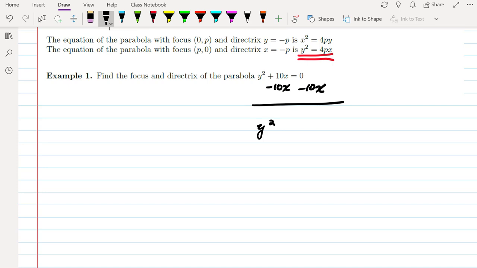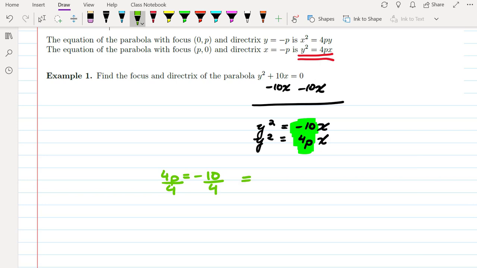That gives us y squared is equal to negative 10x, and we want to compare that to y squared equals 4px. So then negative 10 has to be the same as 4p. That gives us the equation 4p equals negative 10. We divide by 4, and that gives us p equals negative 5 over 2.